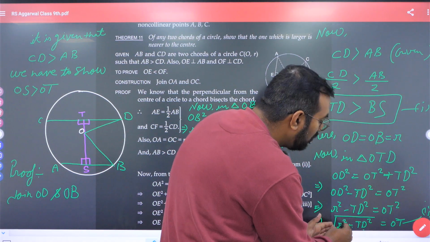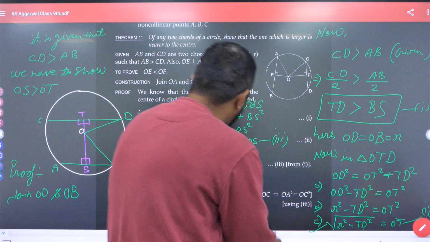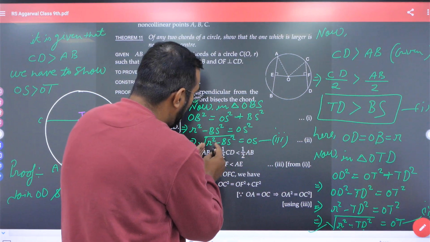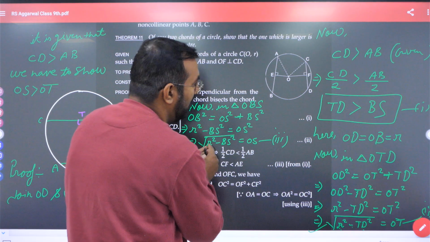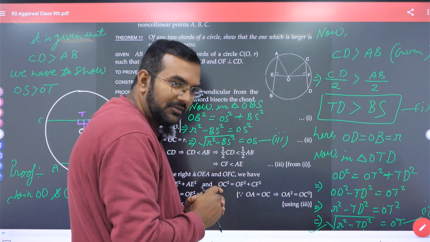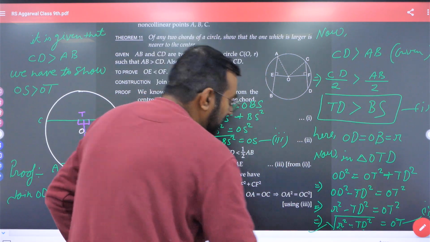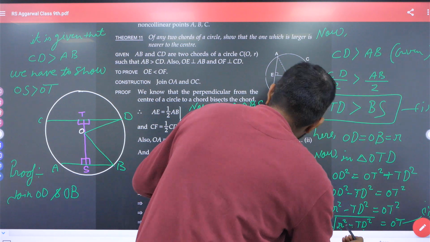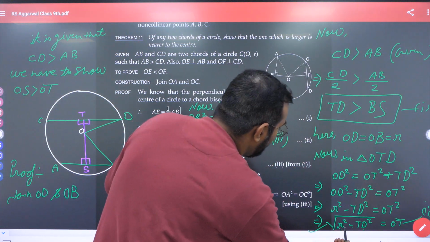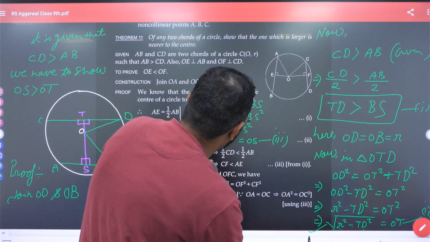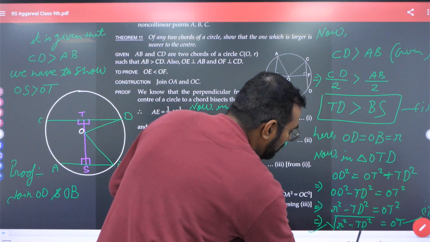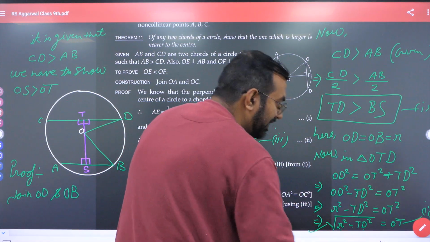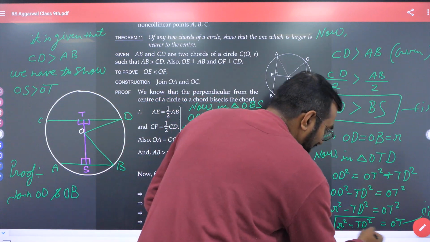In this case we are subtracting TD square from R square. We are subtracting more from the R square, and in this case we are subtracting BS square from R square, and BS is less than TD. So we can say कि subtracting more from the same number, the result will be less here, na?